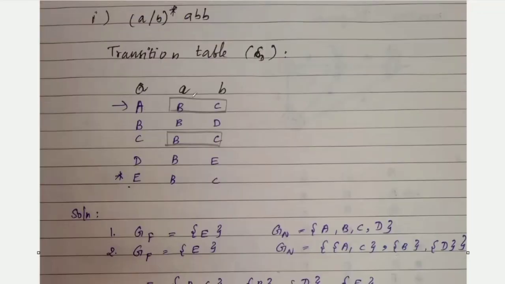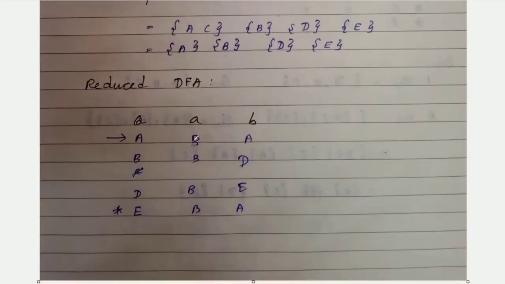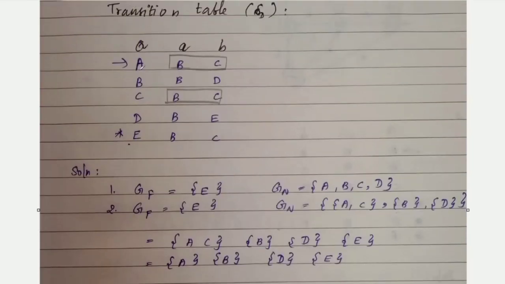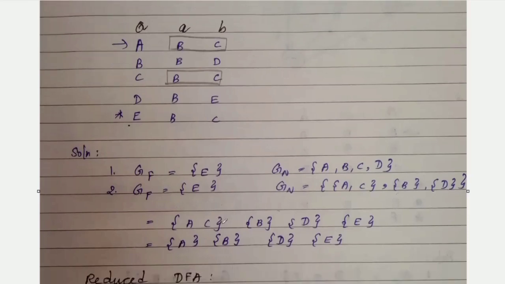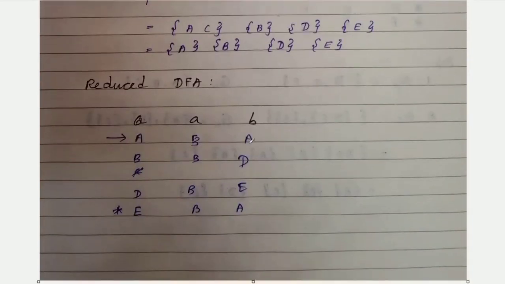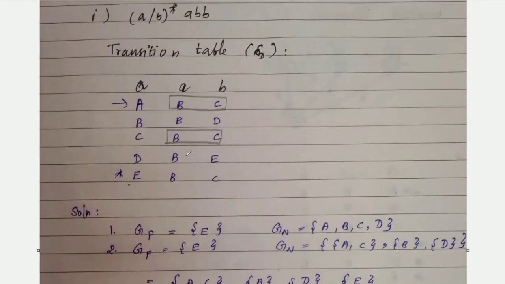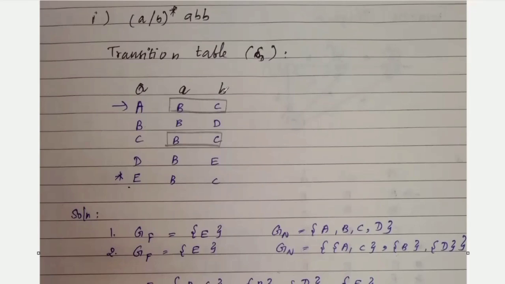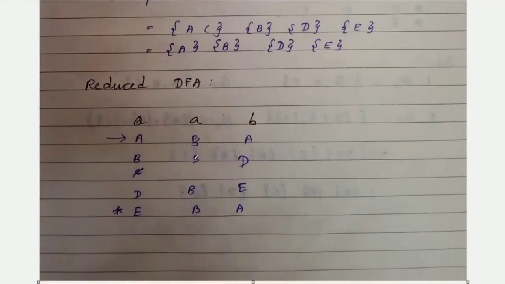State A on seeing a symbol A reaches B, write B. State A seeing a symbol B reaches C. But instead of C, we will substitute A because we already merged A and C. Write A. Next, B on A, B goes to B, D. Here you write BD.